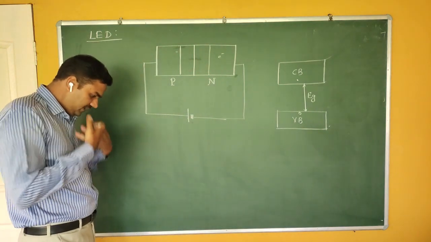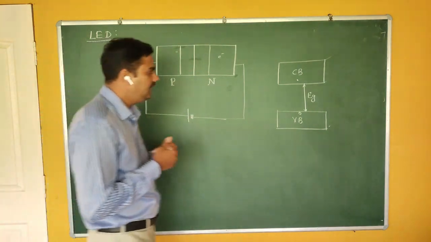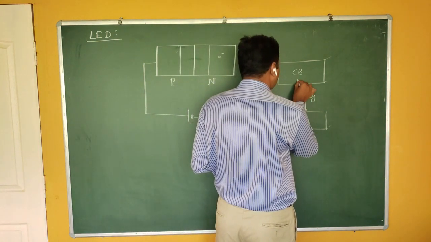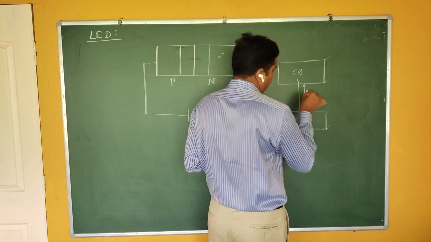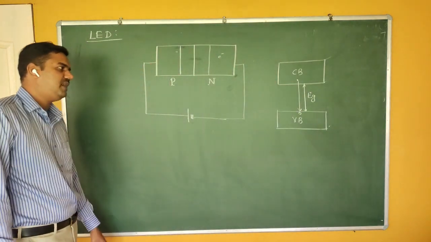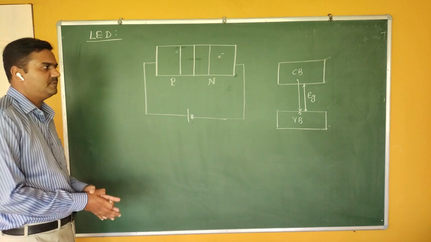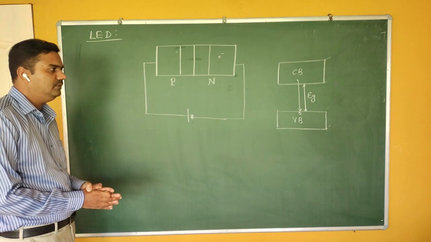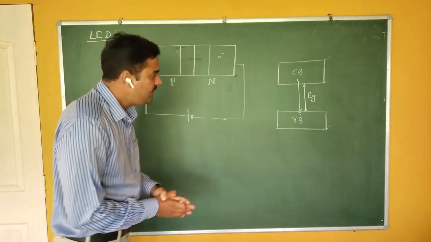Now let me think in a reverse manner. If this electron comes back to its original position, if it jumps from the conduction band to the valence band, you can see that the electrons present in the conduction band have more energy compared to electrons present in the valence band.